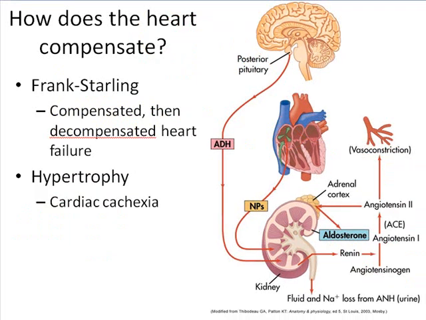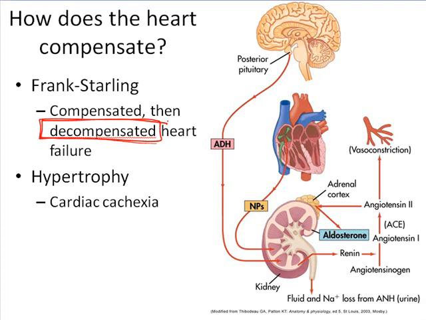Other ways the heart can compensate, you guys remember the Frank Starling principle, which says that the more I fill the heart, the more I fill a heart chamber, the more that chamber stretches, the greater the strength of the contraction when it does contract to move that blood out. That allows the heart to compensate somewhat for reduced contractility, but over time it actually decompensates.